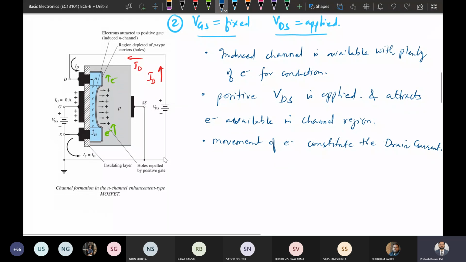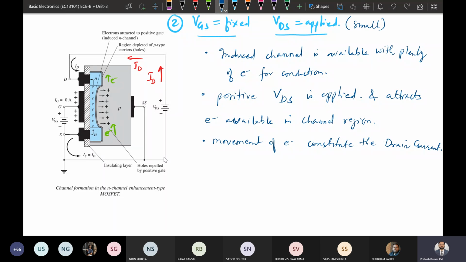Okay, so this is the basic idea of how the current is going to flow and how the channel is formed. Now this is the case when we are applying the VDS, but this VDS is small.